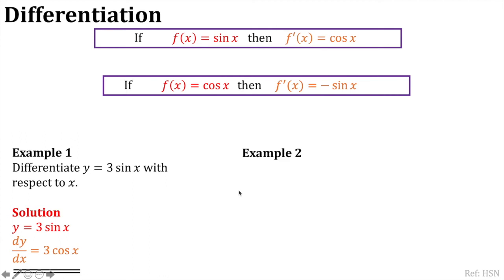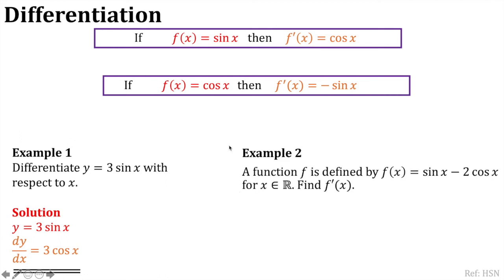So example 2, a function f is defined by f of x equals sin x minus 2 cos x for x in the real numbers. Find f dashed of x. So the first term here, we know that sin x differentiates to give us cos x, and we know that cos x differentiates to give us negative sin x.